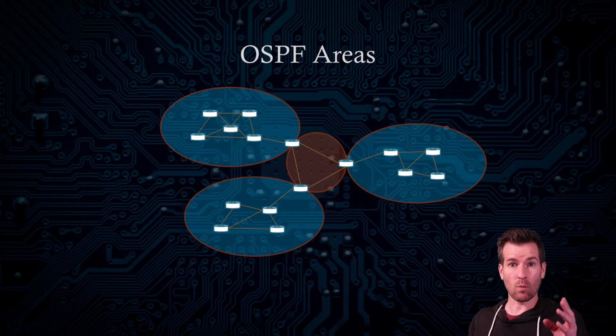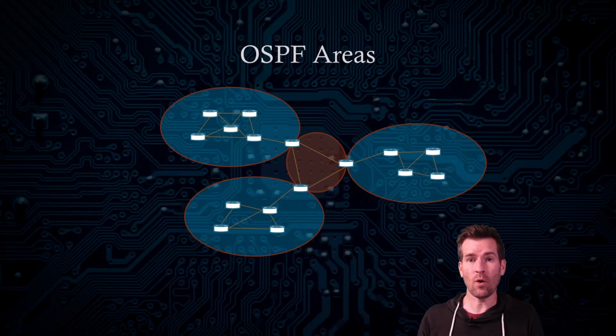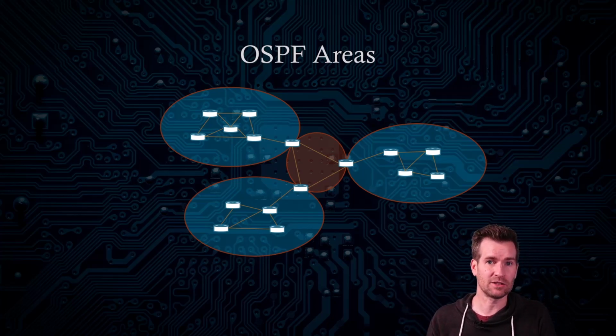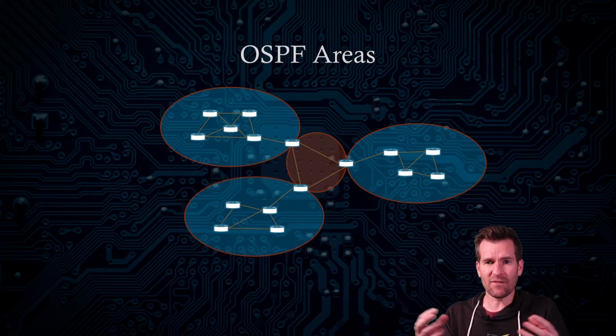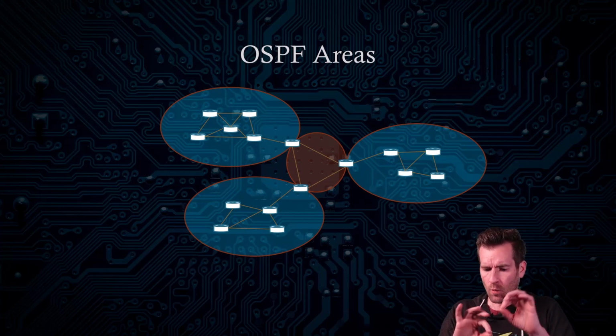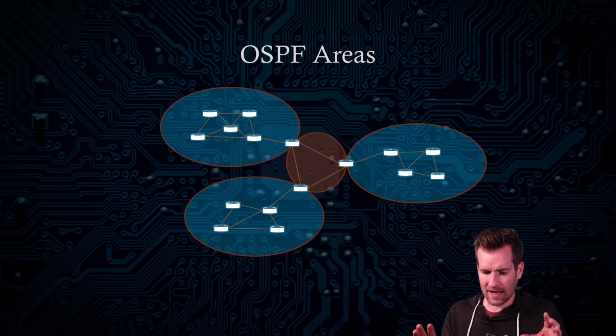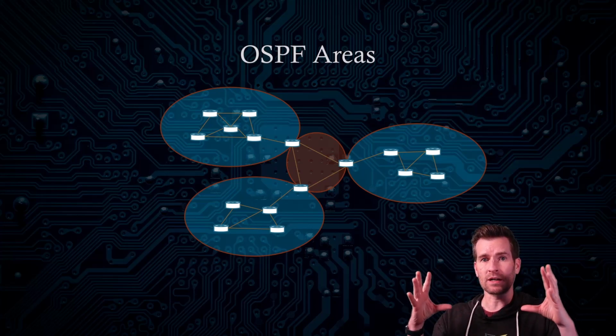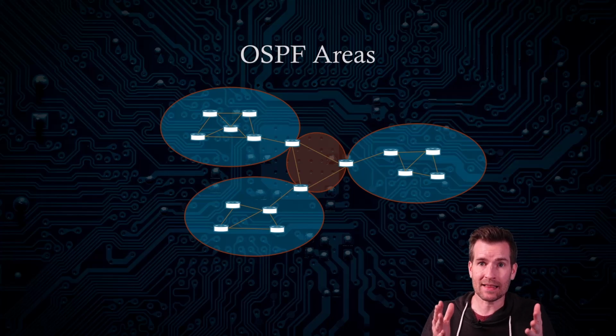The last thing that we'll touch on is that OSPF areas allow us to break up our topology into smaller sections. With all of this traffic being sent back and forth, with all of these updates, it really can swamp down your network, and the bigger your network is, the more problematic that can be.